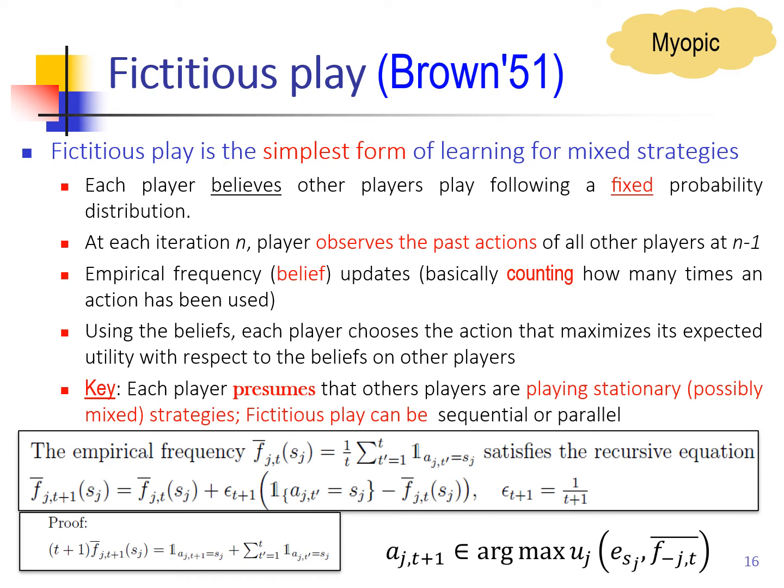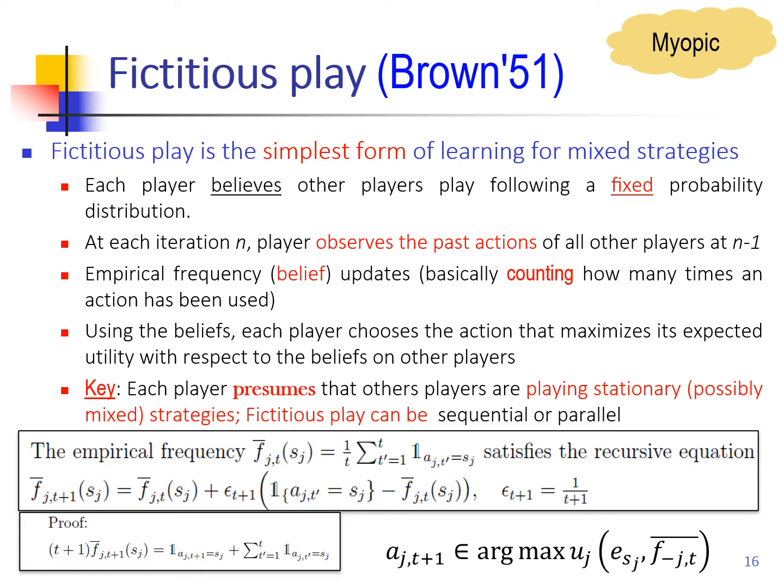All right. So mathematically, how do we write this down? First of all, you calculate the belief. The empirical frequency f bar j t of s j, for player j at time t and strategy s j, will be calculated as follows.